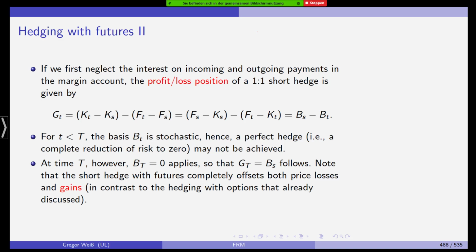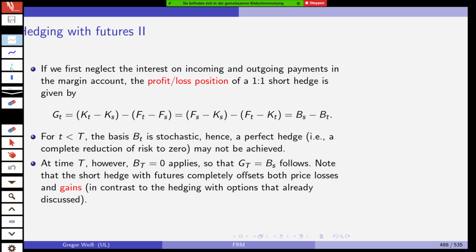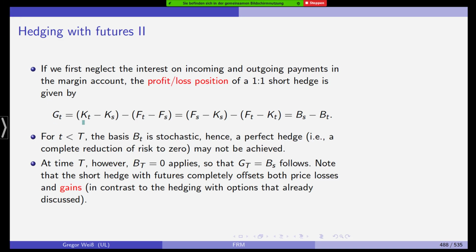We simply concentrate on the prices of the spot position, the underlying, and the future. So what is the profit or loss of the one-to-one short hedge? Well, let's go through this. Initially, we've bought the underlying, so it's minus K_S. This was our initial investment.